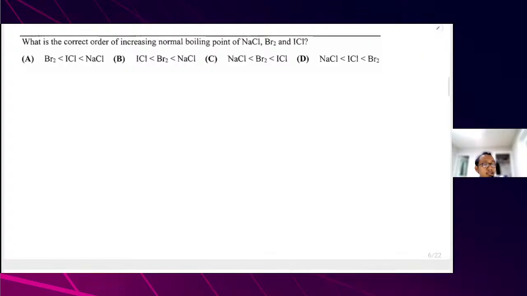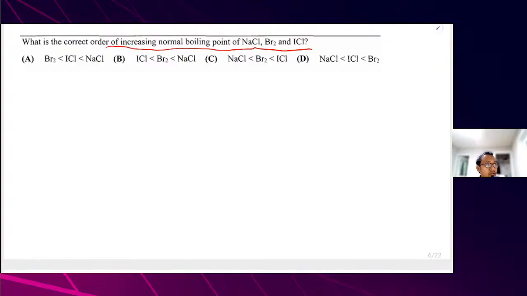Now moving to another question. What is the correct order of increasing normal boiling point? To determine the boiling point, we need to understand the concept, the structure, the intermolecular force, and the relationship between the strength of intermolecular force and boiling point.